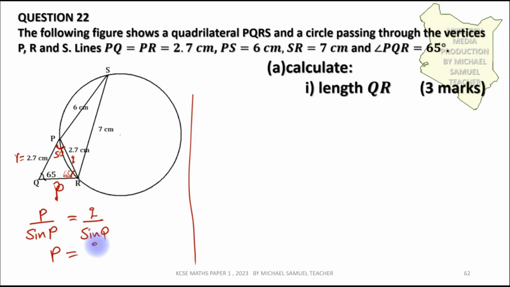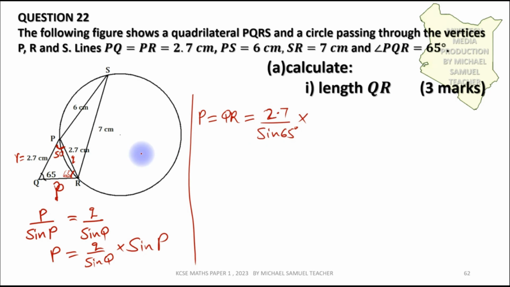So p will be given by q over sine Q times sine P. Therefore, p, which is equal to QR, will be given by 2.7 all over sine 65 degrees times sine P, where P is 50 degrees, so sine 50 degrees.